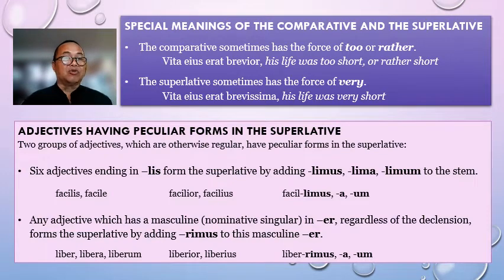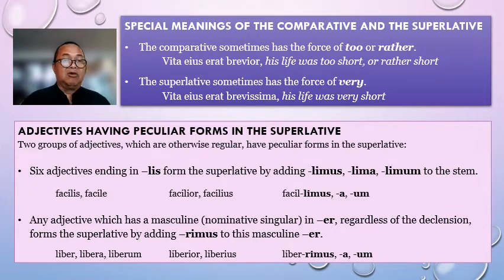The second group of adjectives are adjectives which in the nominative singular masculine form end in er, regardless of the declension, whether it is third declension adjective, whether it is first or second declension adjective.